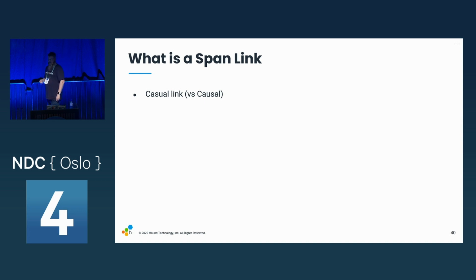However, the idea is that a causal link says this thing caused that thing. A casual thing says these two things might be related. So there's not a dependency between these two. It's not saying that this thing was dependent on that thing happening. It's just giving you an idea that these two things might be related.